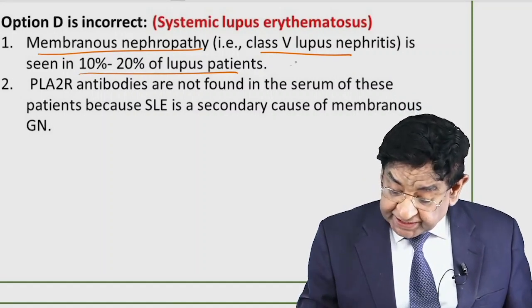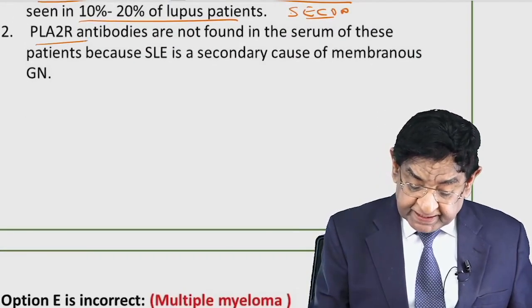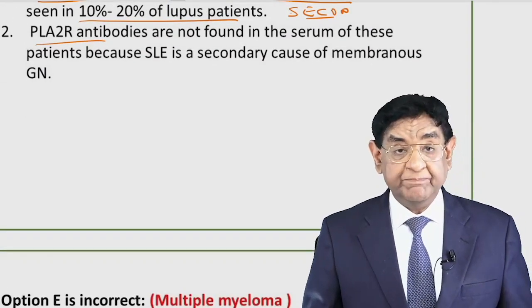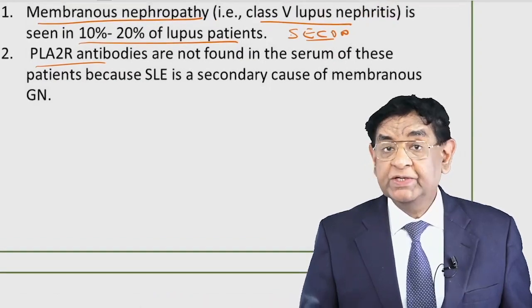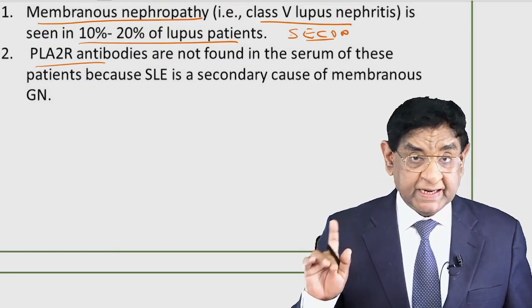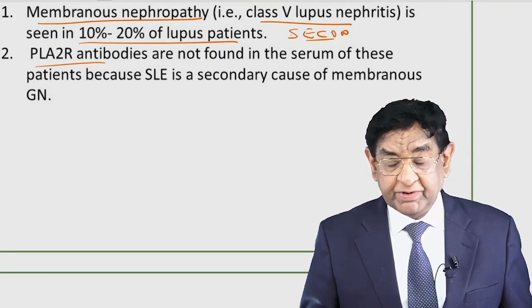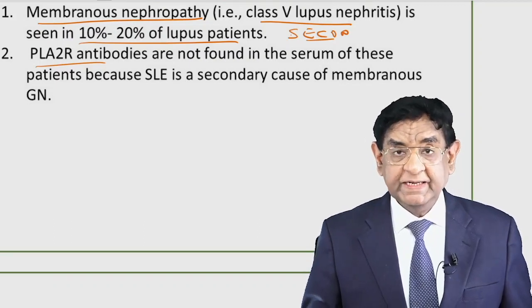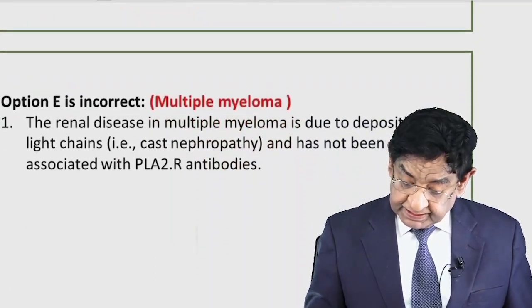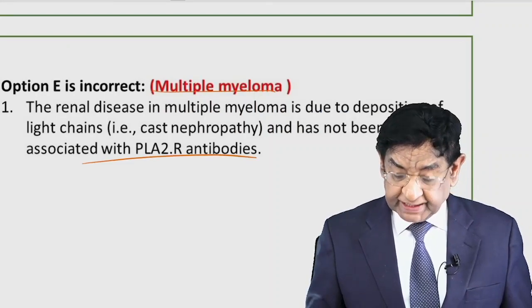But it is a secondary cause of membranous, not primary. By now we have learned that PLA2R antibody is seen only in primary, not in secondary, so it will not be there in secondary. So this is again ruled out. But reminding you a second time, membranous glomerulopathy can occur in SLE. E is again multiple myeloma. This antibody is not seen.